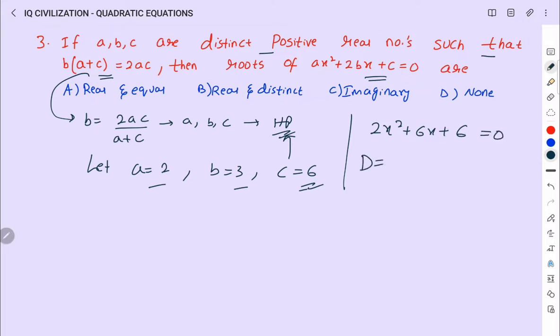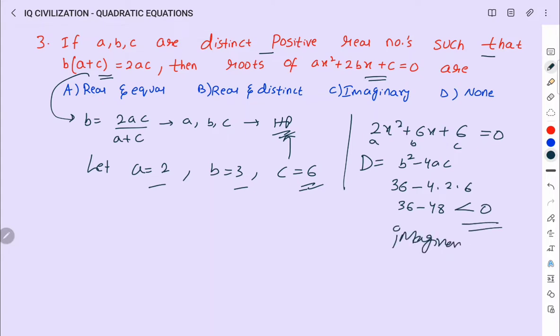So we have to find the determinant, that is nothing but b square minus 4ac. So b square is 36. This is a, this is b, this is c, right? So b square minus 4ac. So 36 minus 48. This way, we are getting less than 0. So the roots are imaginary.